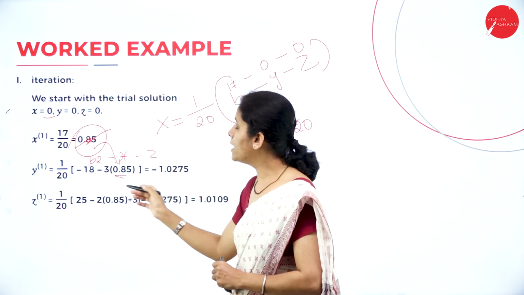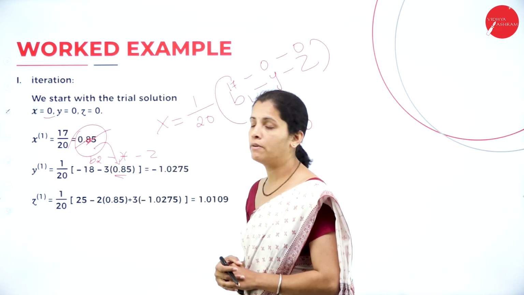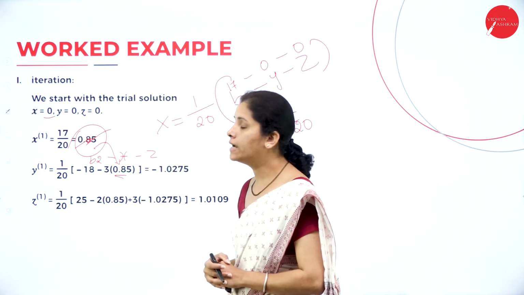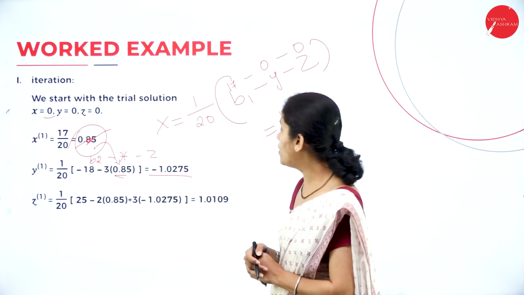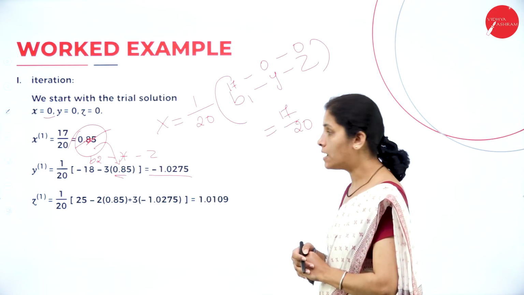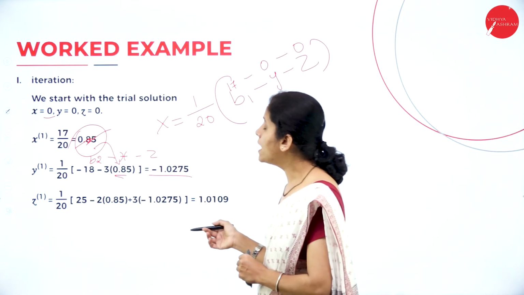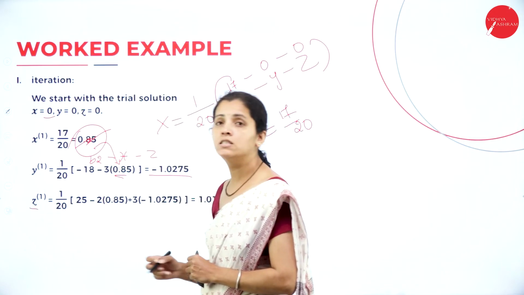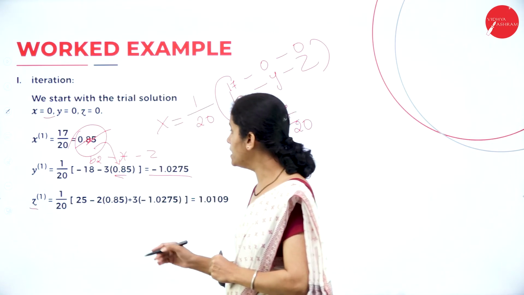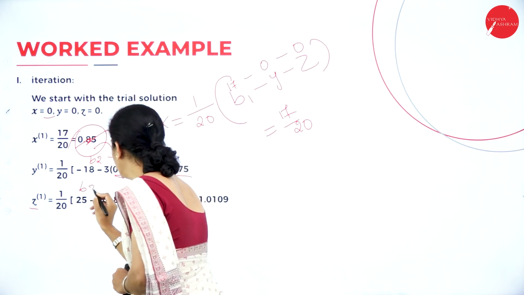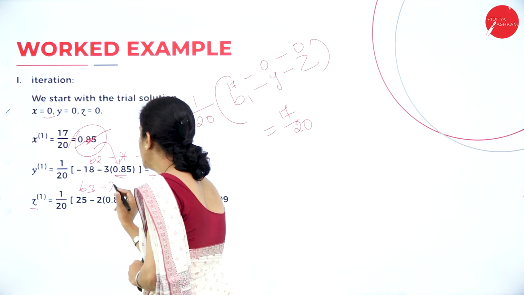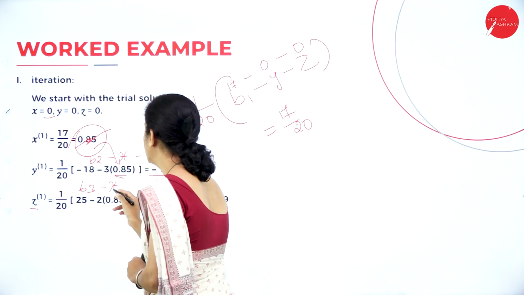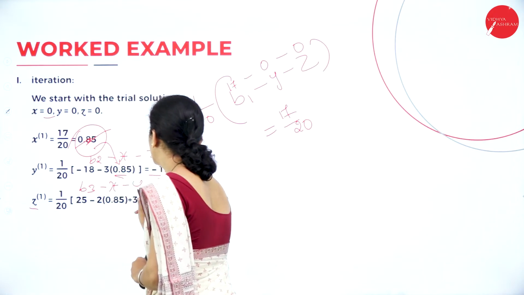When I substitute the values and calculate, I'm going to get the y value, that is minus 1.0275. Now I just want to find z. For z, it is b3 minus z is outside, so the remaining variables are x minus y.